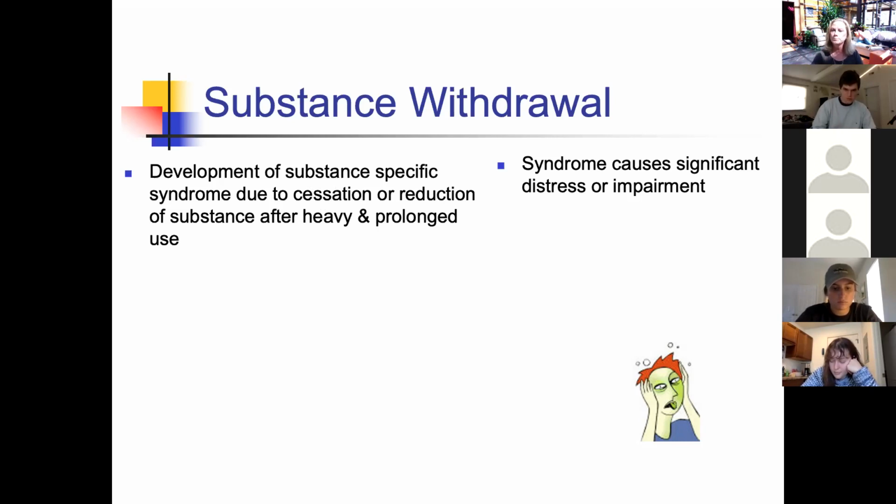So an example would be if a person has had really heavy alcohol use, and then as they're coming down off the alcohol, get a hangover. The hangover would be a withdrawal effect, okay? And again, according to the DSM, this is going to create significant distress or impairment.